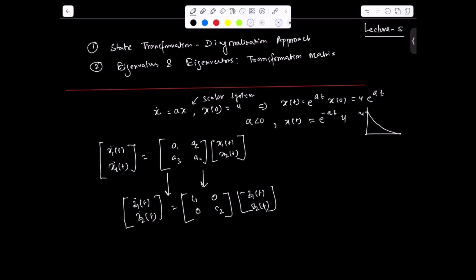Then by the polarity of the values of C1 and C2, we can comment whether the system is stable or not. This process is called linear transformation. Here we'll be using some matrix T, which is the linear transformation matrix, which will help us get this form. This is also sometimes called canonical form.